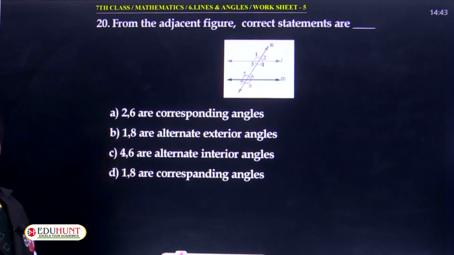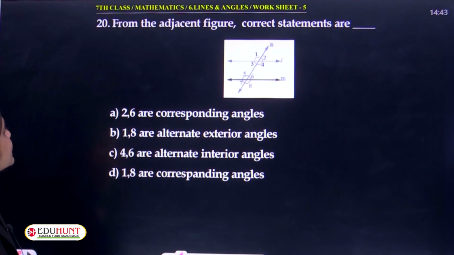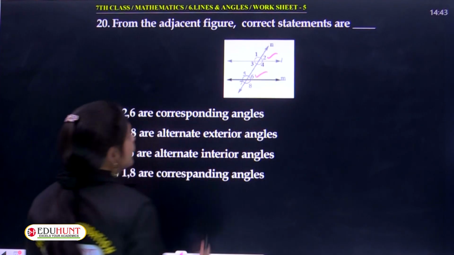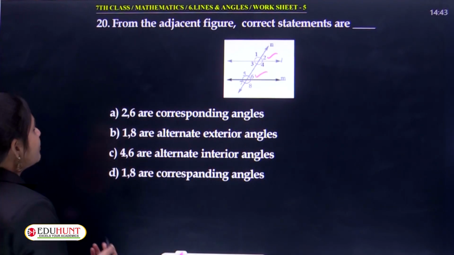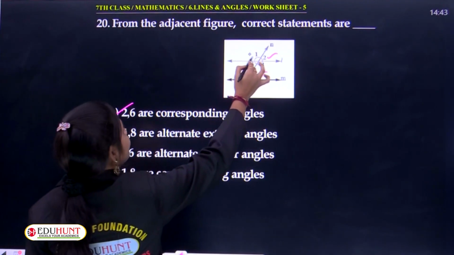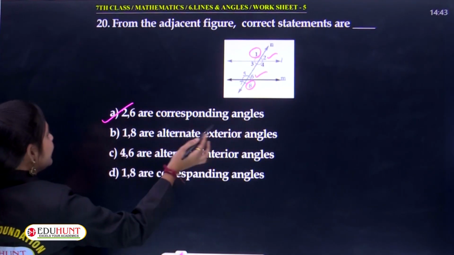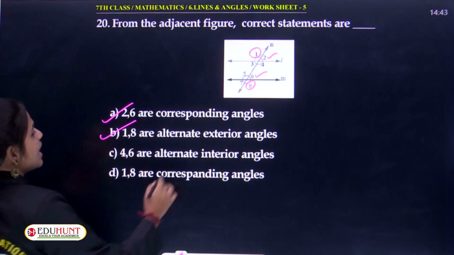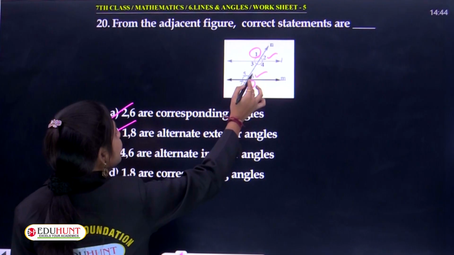From the adjacent figure, what are the correct statements? Angles 2 and 6 are corresponding angles. Yes or no? Yes, obviously those two are corresponding angles. Angles 1 and 8 are alternate exterior angles. Correct only. Next, 4 and 6 are alternate interior angles.